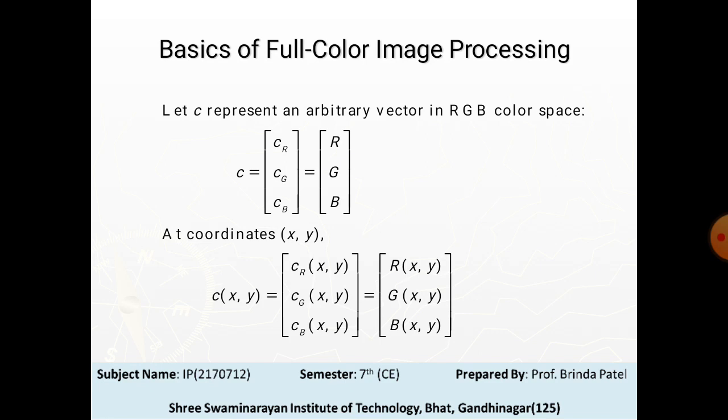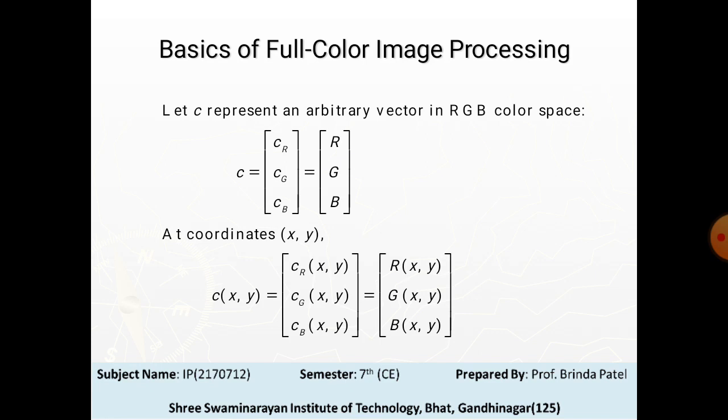Because full color images have at least three components, color pixels are vectors. For example, in the RGB system, each color point can be interpreted as a vector extending from the origin to that point in the RGB coordinate system. Let c represent an arbitrary vector in RGB color space.